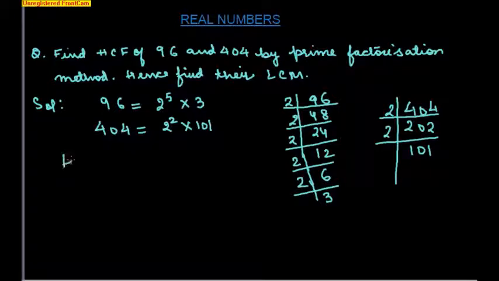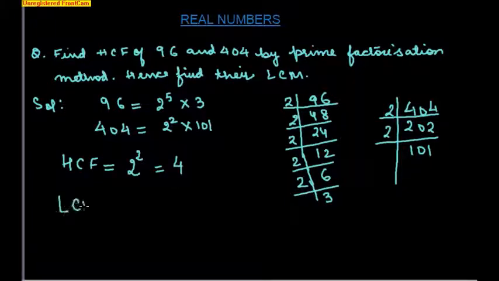Now I write down the HCF. There are two ways of understanding the HCF: either we take whatever is common out of these two factorizations, or I take the number which is common in both, like 2, with the least power of 2 out of these two. As we can see, out of 5 and 2, the least power is 2. So 2 to the power of 2, which is 4, is the HCF.